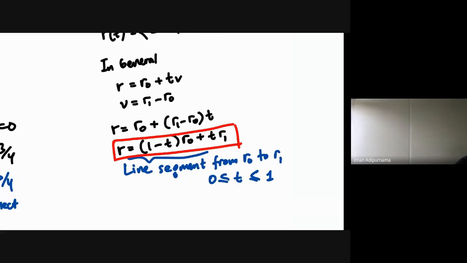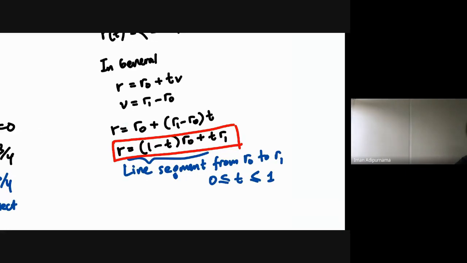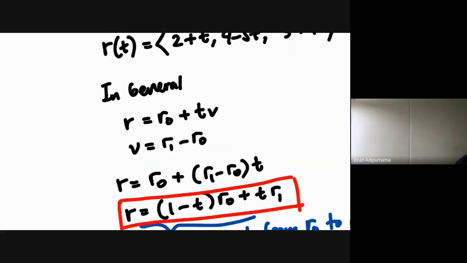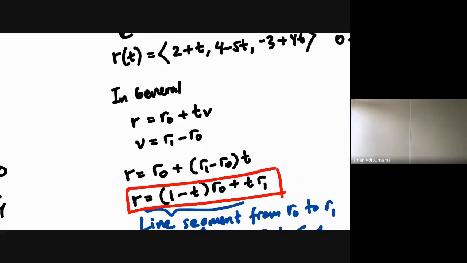These equations are actually the same as we mentioned before, r equals r0 plus tv, but in a more general approach, we are cutting the line into some segments.